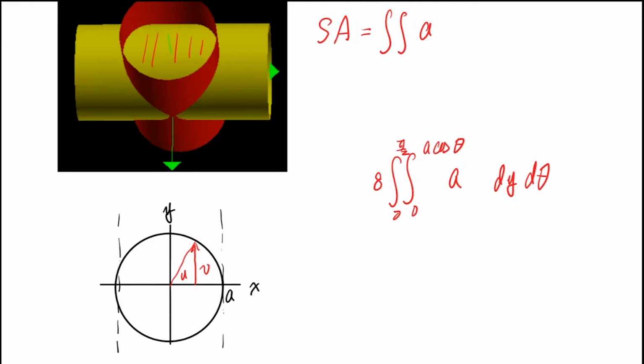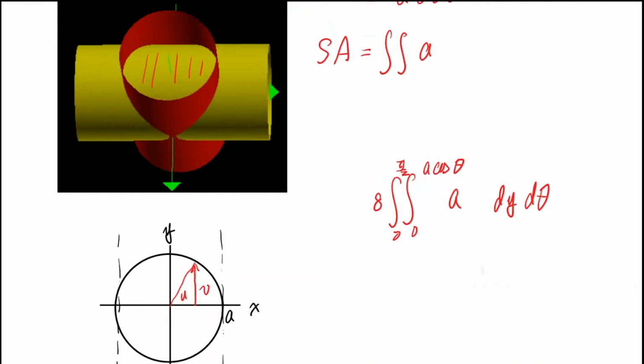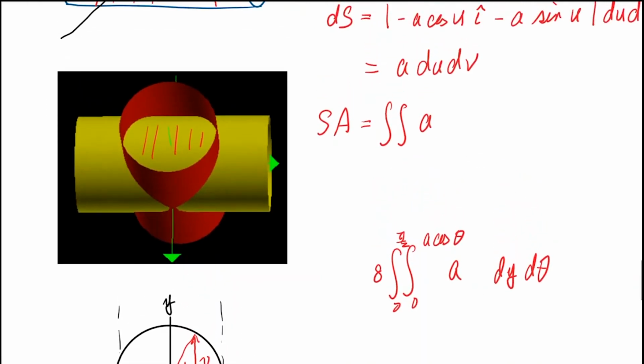Why is it cosine theta instead of sine theta? From here to here, from 0 to, it sure looks like sine theta to me. Okay, we'll try it and then see if that works out or not.